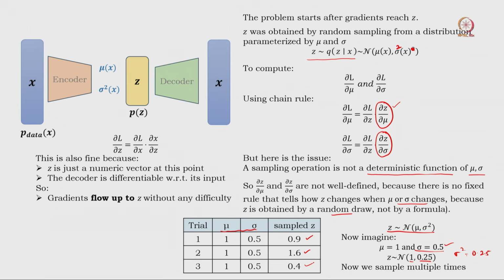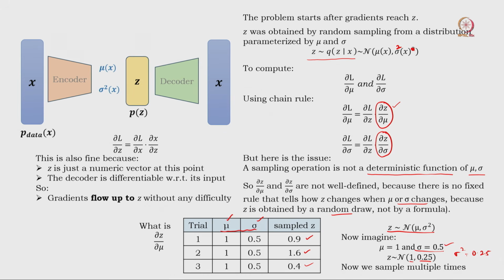Now there is one question to the learners here: what is the derivative of z with respect to mu? Do we have an answer for this question? There is no answer, because here mu did not change, and variance did not change, but we get different values for z because it is randomly drawn.